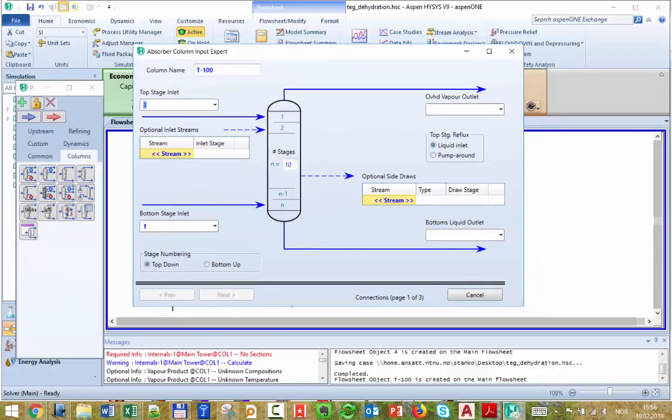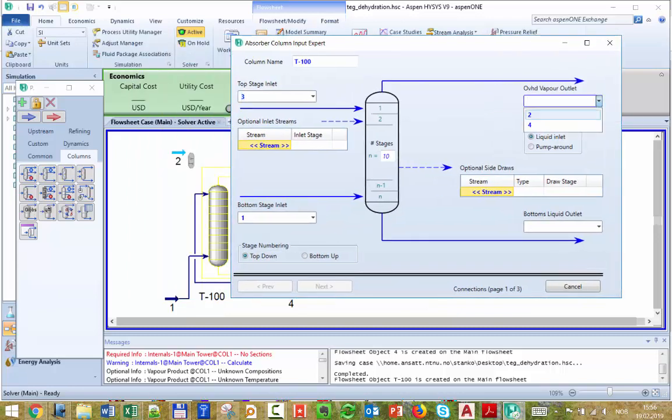Now, outlet, that's the dry gas, so that will be 2. Then I need the bottom, that will be the rich TEG, that will be 4. Here it's using 10 stages, let's leave it for now. Next.